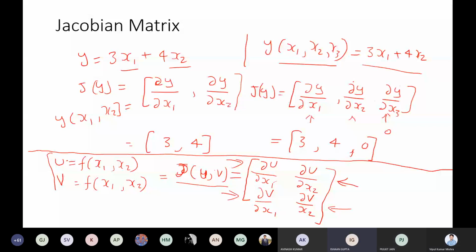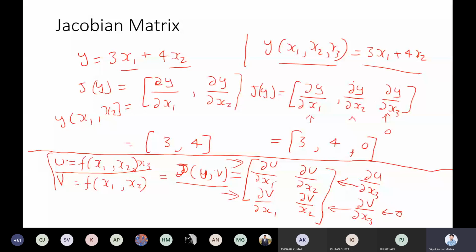So what if one function has more arguments than the other? If a function contains x3 as well, then what will happen? The third column will be added: del u del x3 as well as del v del x3, and if a function doesn't have x3, that value will become 0.